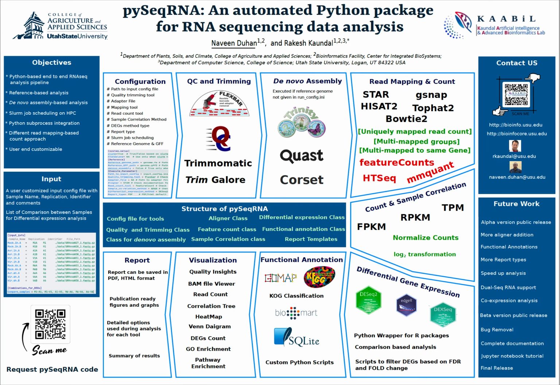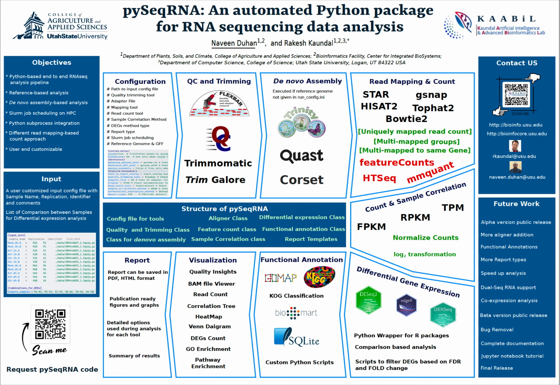For counting the mapped reads, we have implemented 3 tools: featureCounts, HTSeq, mmquant. Then we have created 3 different mapping read count approaches: uniquely mapped read count, multi-mapped groups, multi-mapped to same gene.